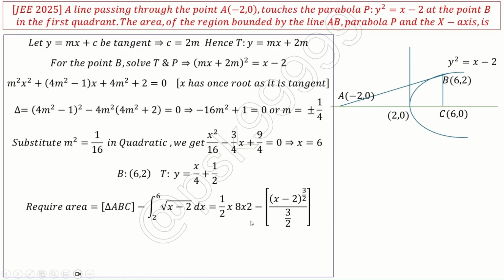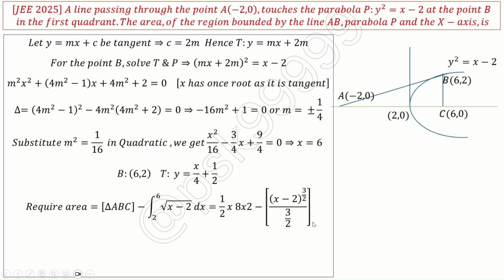So from 2 to 6, the square root of x minus 2. y squared equals x minus 2 is the parabola equation, so y is nothing but the square root of x minus 2, dx. The area of the triangle is half into base 8, from minus 2 to 6, and height 2, minus the integration, which is (x minus 2) to the power of 3 by 2 divided by 3 by 2, from 2 to 6.